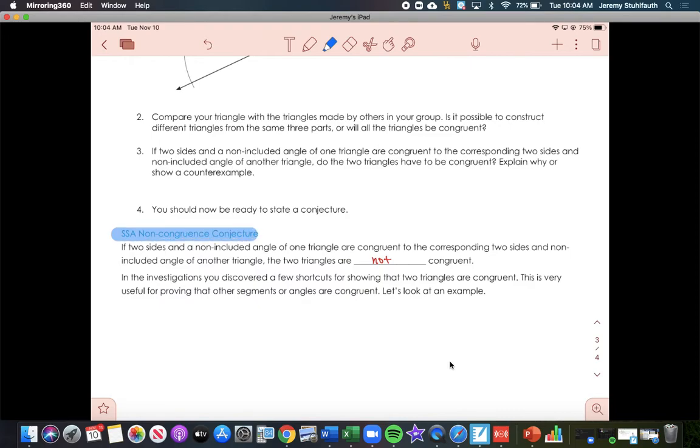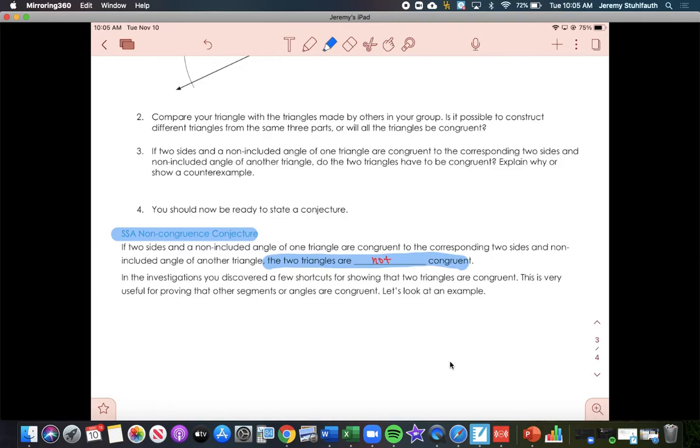It says if 2 sides and a non-included angle of one triangle are congruent to the corresponding 2 sides and non-included angle of another triangle, the 2 triangles are not necessarily congruent. They might be, but they might not be. We cannot say for a fact that they are congruent with just this information.